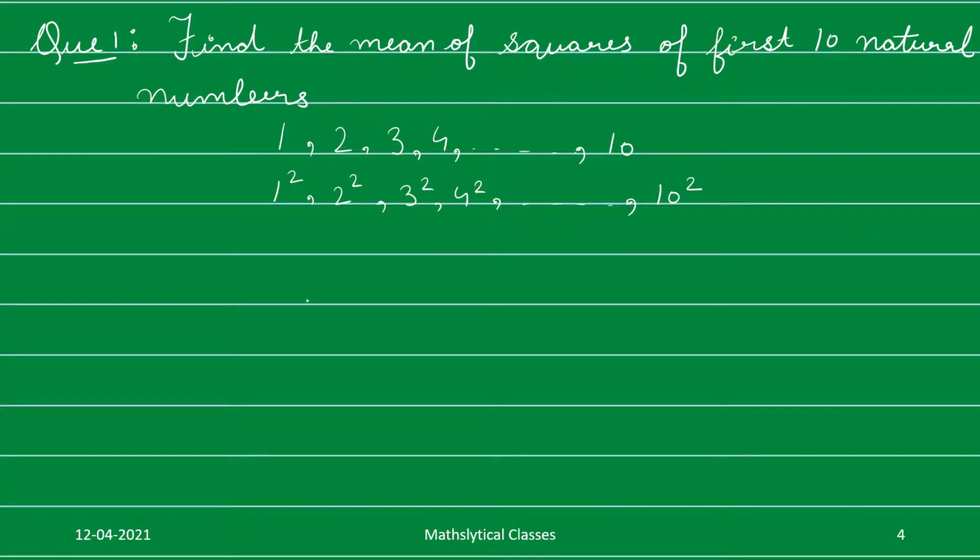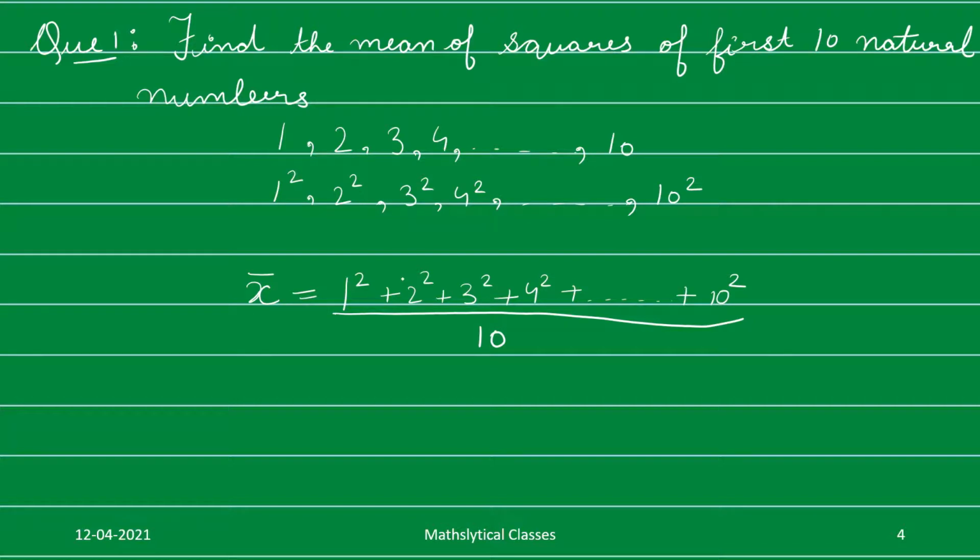Now we'll apply the formula for the mean. X bar is equal to sum of all the values upon total number of values. So here we'll consider the sum 1 square plus 2 square plus 3 square plus 4 square plus 5 square, 6 square, so on to 10 square, divided by total number of values. So how many values are there? There are 10 values.